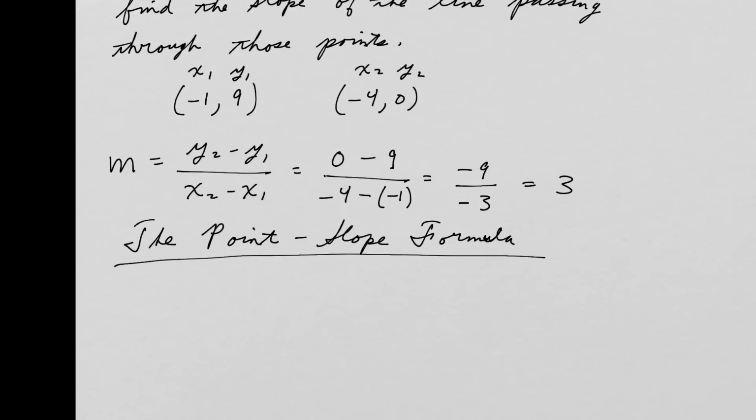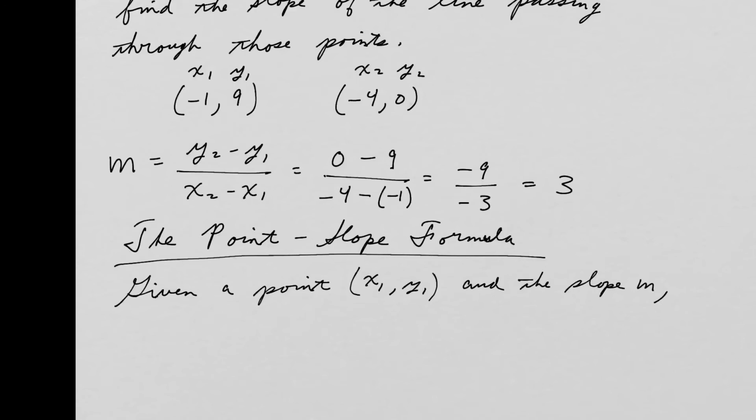So given a point, in general, let's just call it x1, y1, and the slope m, the equation of the line can be given in this form.